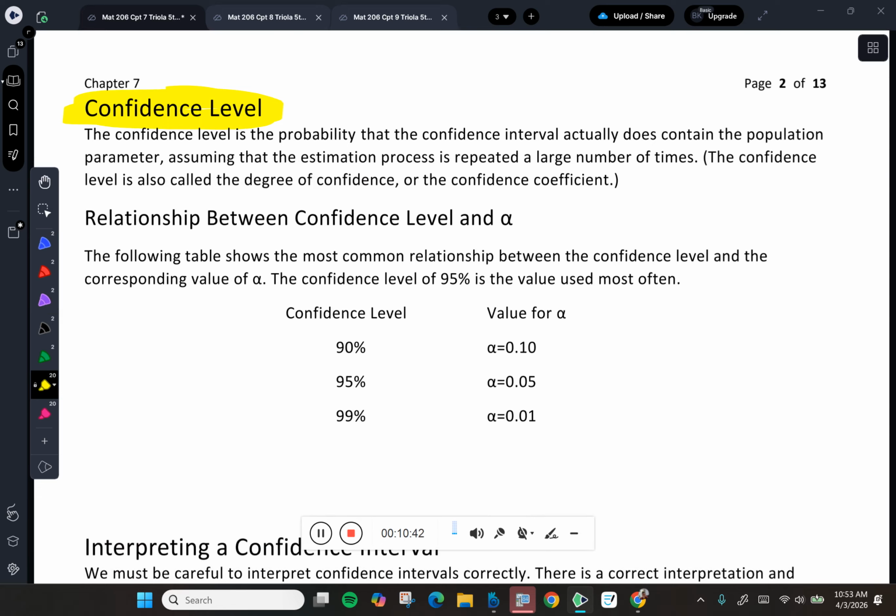The confidence level is the probability that your confidence interval does what you said it's supposed to do. In this case, contains that population parameter. Confidence levels are based on a percent chance, a probability that your confidence interval actually contains that population parameter that you're trying to find.